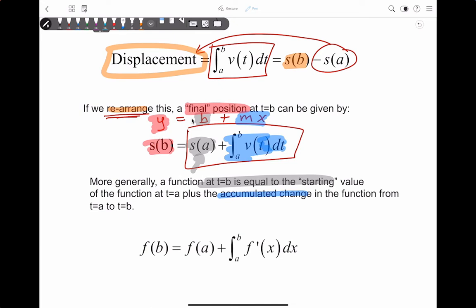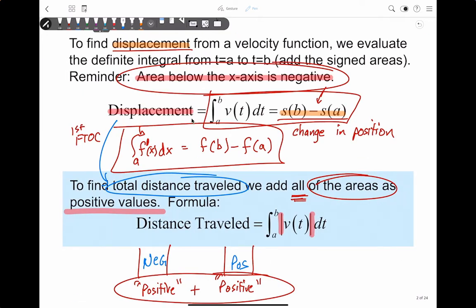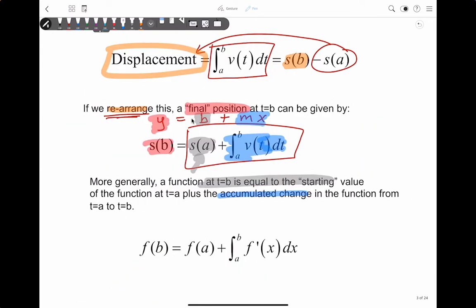And we are used to seeing that with the first fundamental theorem, the way I was showing you over here. We were used to seeing this as the accumulated change, our final position, which is f of b, and then our initial position, which is f of a.